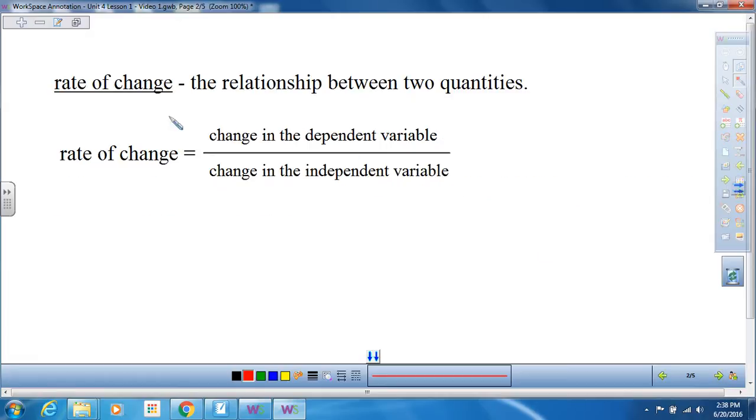Okay, so the rate of change is defined as the relationship between two quantities. What we do is we have the change in the dependent variable over the change in the independent variable.